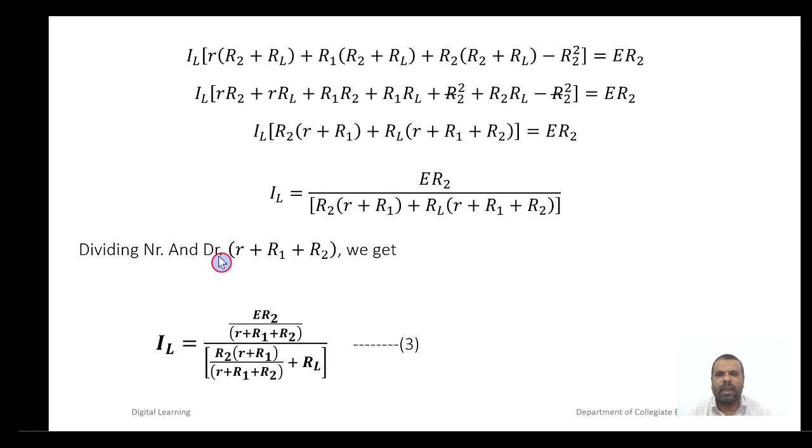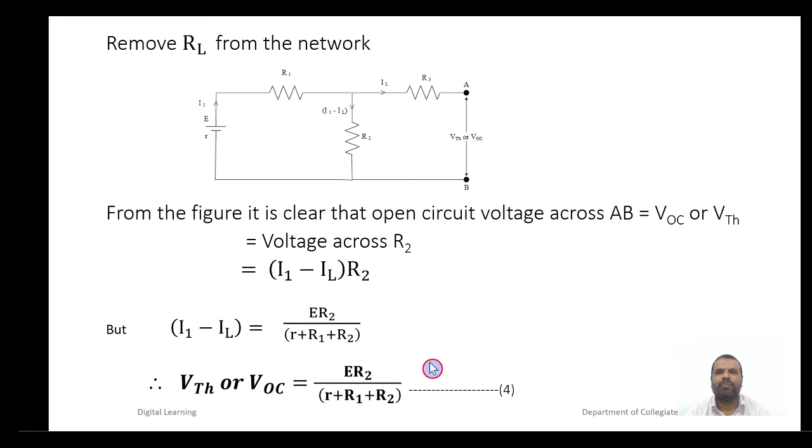Dividing numerator and denominator by (r plus R1 plus R2), we get IL is equal to E R2 divided by (r plus R1 plus R2), whole divided by [R2 into (r plus R1) divided by (r plus R1 plus R2), plus RL]. Call this equation number 3.